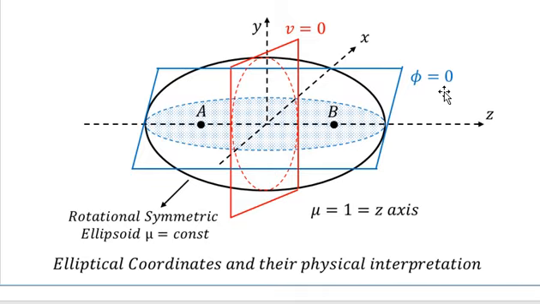So this is the phi equal to 0 plane, and this plane will rotate and take all possible values from 0 to 2 pi. When the electron continuously revolves around the z-axis, for each rotation of the electron, phi will change from 0 to 2 pi.